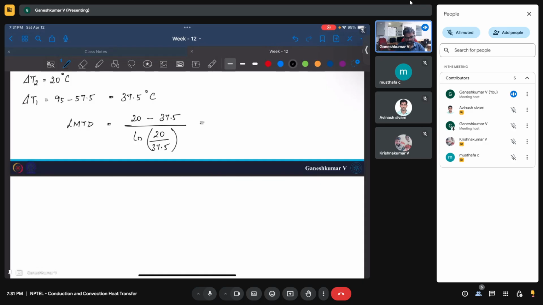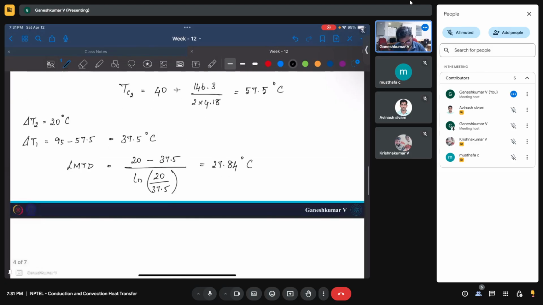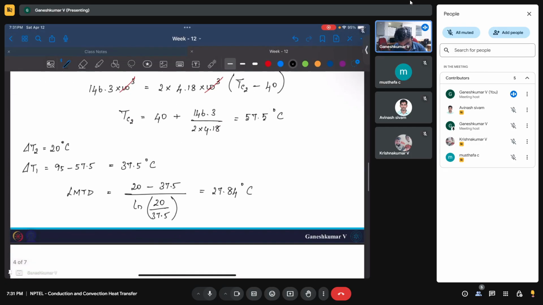So it's minus 0.628, with 20 minus 37.5 in the numerator. So the total will be positive: 27.84 degrees Celsius. On this side it's 20, this is 37.5. So if you take a mean of this, what will happen?